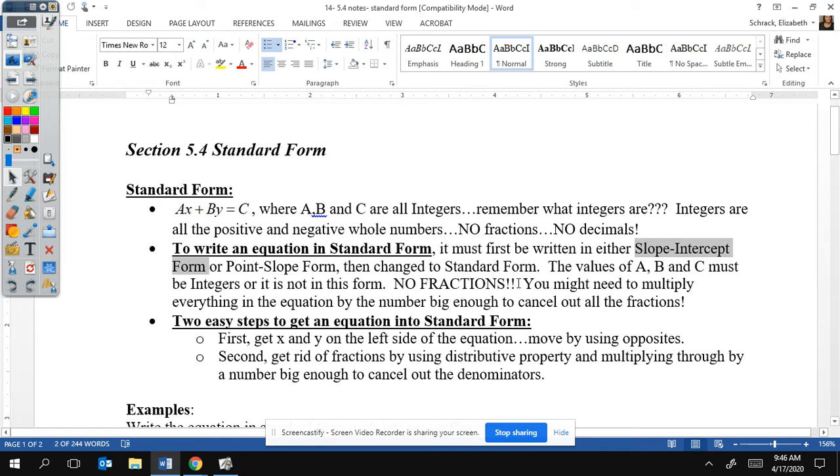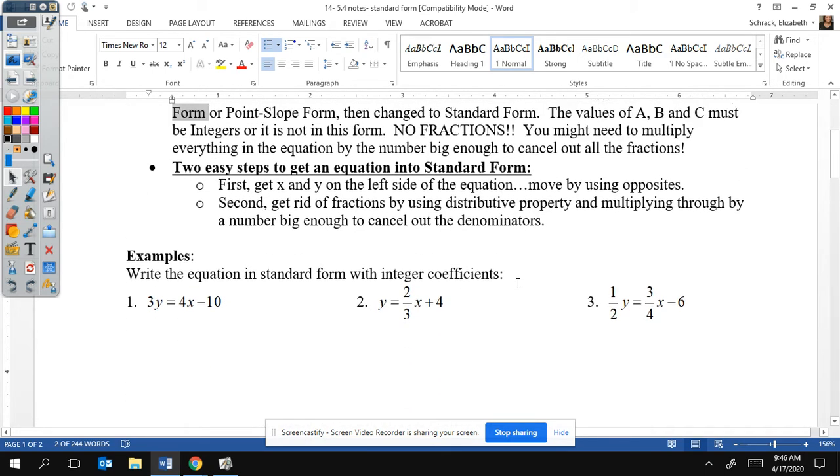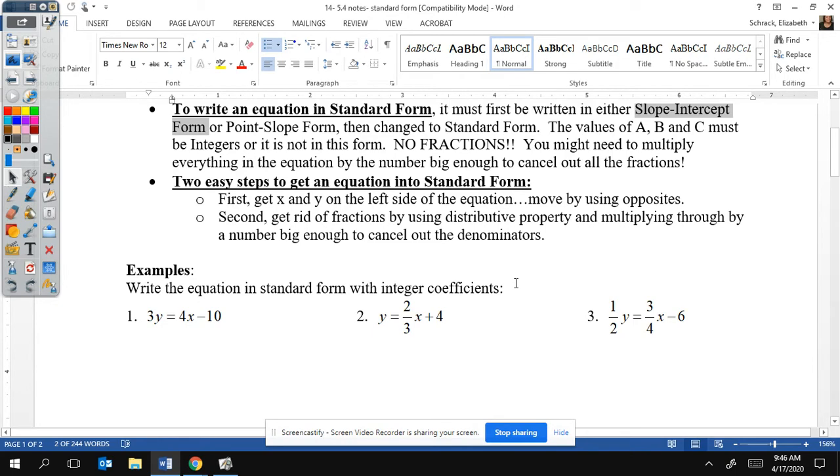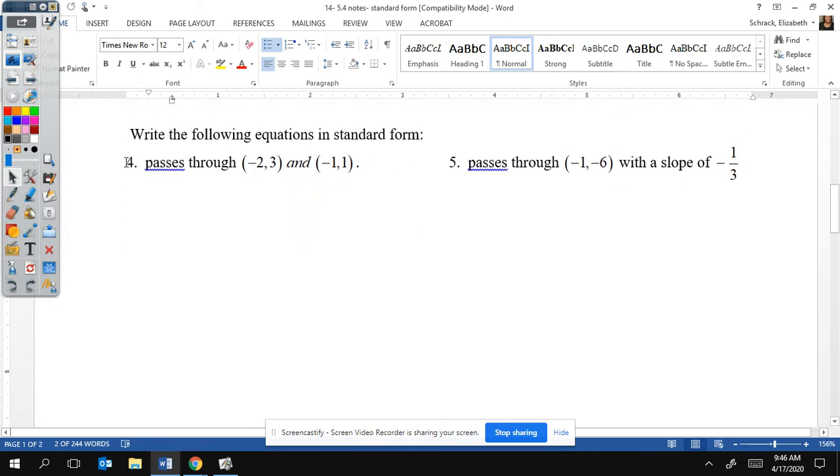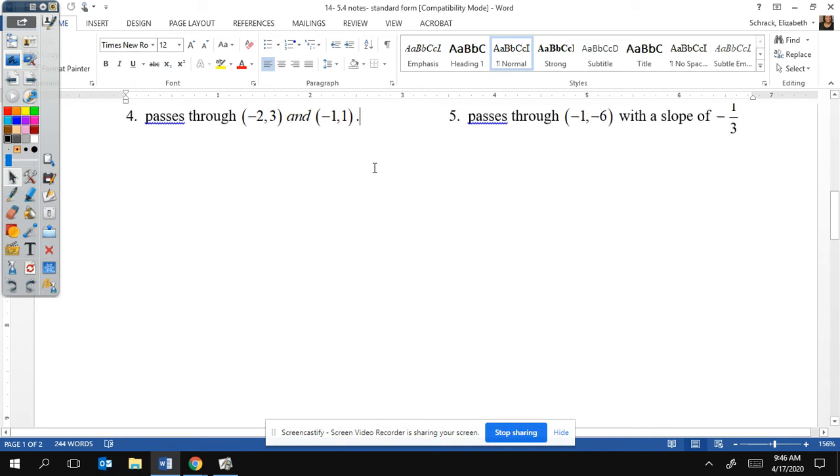The first thing you should know is that formulas that you should use slope-intercept form for would be like number 4, and we're also going to do number 6 today, when it gives you 2 points that the line passes through. For example, number 4 says passes through (-2, 3) and (-1, 1).